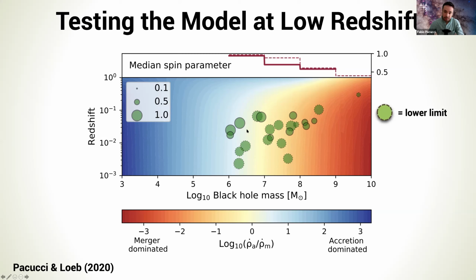The difference between the continuous circles and the dashed circles is that the dashed ones are lower limits, so it means that we can just give a lower bound for the spin. So you are absolutely correct that there could be a bias, and these measurements are not extremely precise.